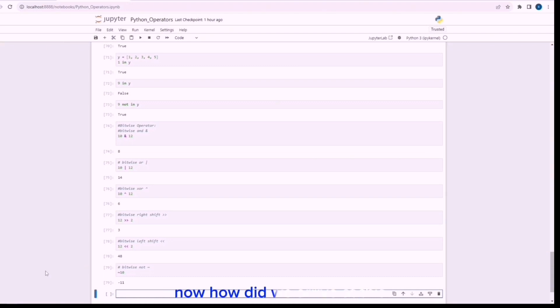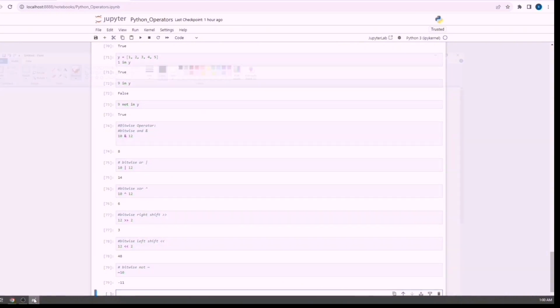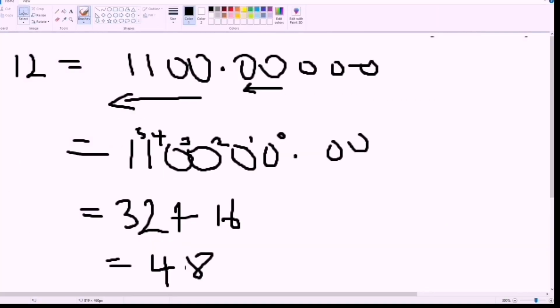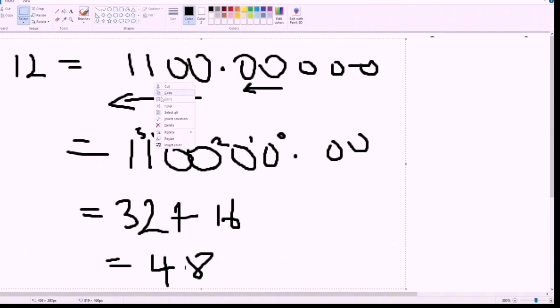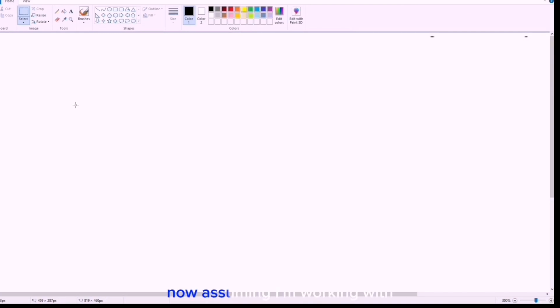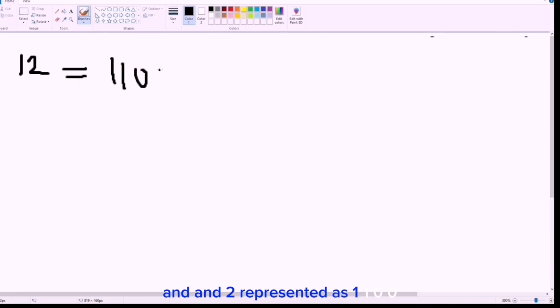Now, how did we arrive at this? Bitwise NOT gets to change even the sign of your number, even the sign of your integer value. Now, assuming I'm working with the 12 we've been working with, 12 is represented as 1100.